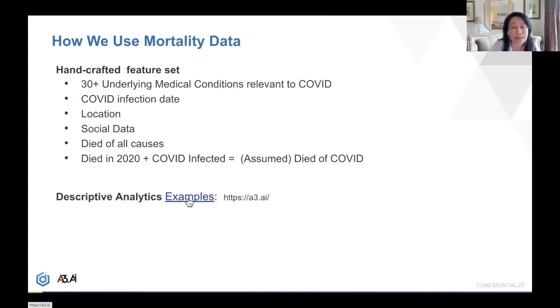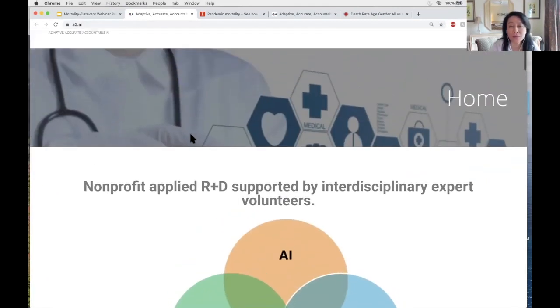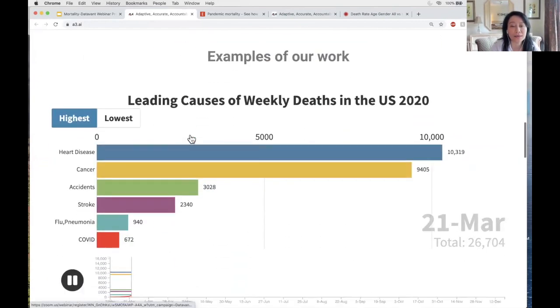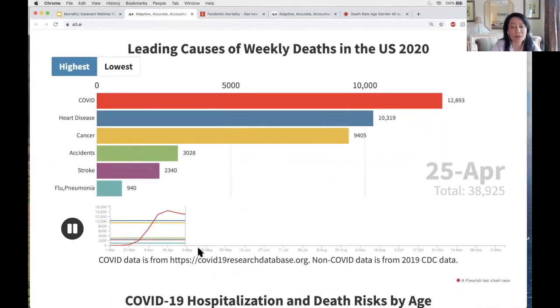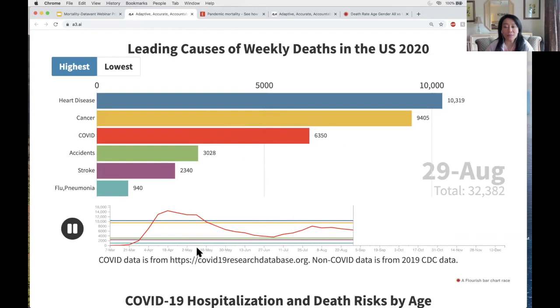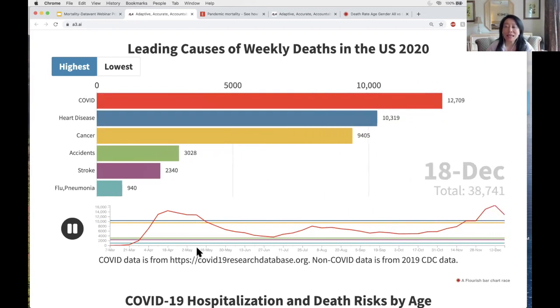Now, I'll give you an example of the data distribution. By the way, this is A3AI's website, and we have a bunch of research papers for folks interested in finding out more about our work. So this is a bar chart race. We take COVID infections every week from March to the end of 2020, and then later map them to folks who passed away according to mortality data.